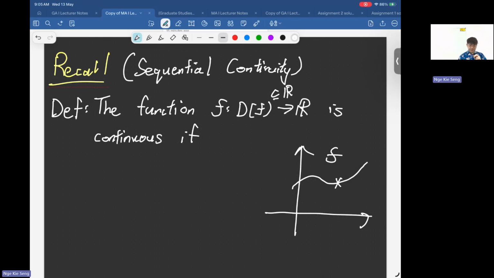So you have a sequence in the domain that converges. You will also have a sequence that converges in the codomain. Converge to what point? Let's say the domain point is P, then the codomain point is f(P). Does it make sense?